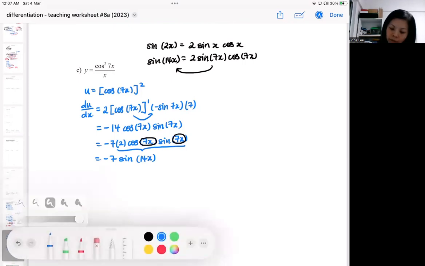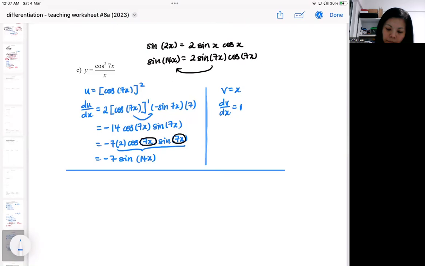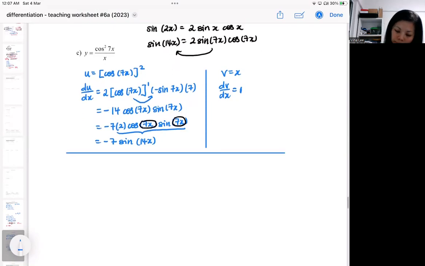Okay, so that is just in the first part. Okay, V is x. In this case, dv dx is quite clean. Okay, then I execute into my quotient rule. So starting from V multiplied with this part, I get minus 7x sine 14x.